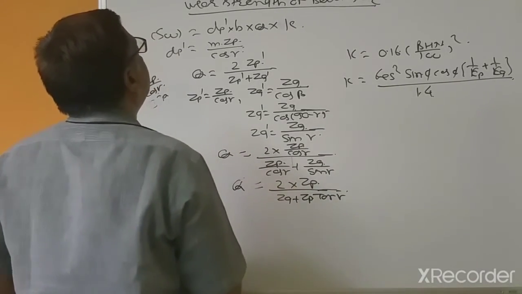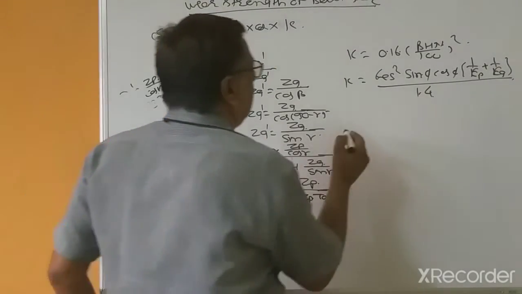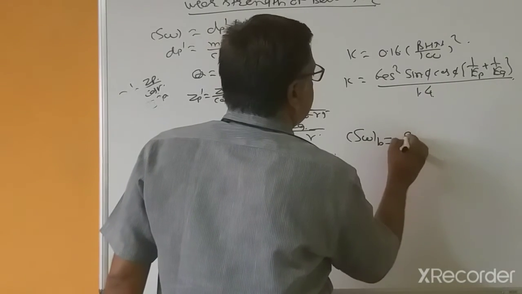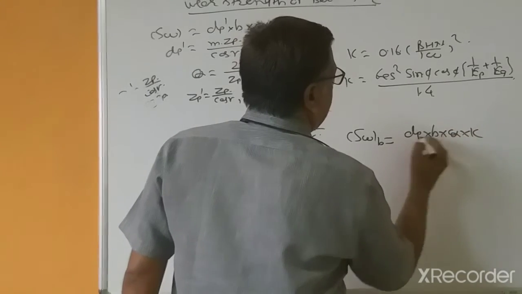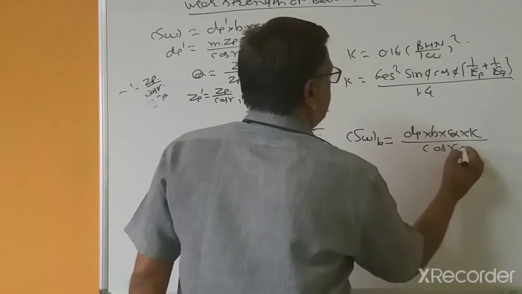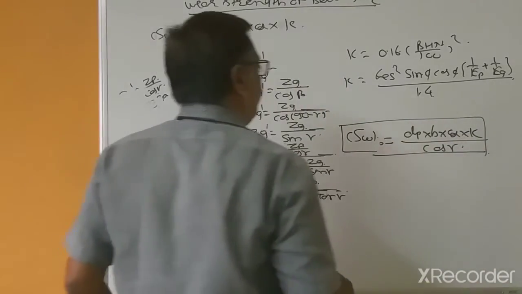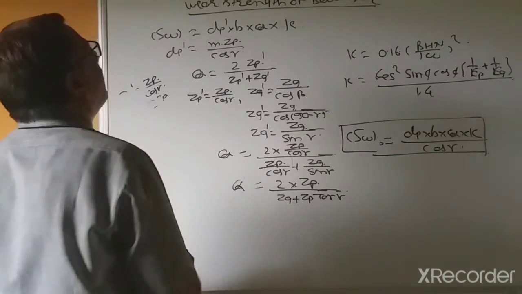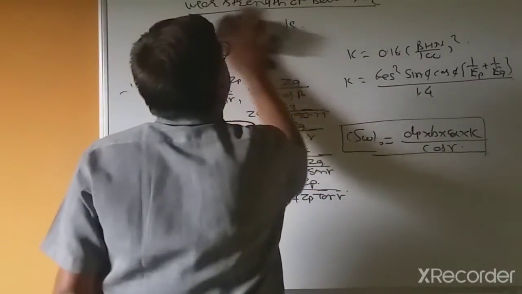So the only difference is instead of dp dash, the wear strength of bevel gears equal to dp bq k divided by cos gamma. So this is the wear strength of bevel gear.